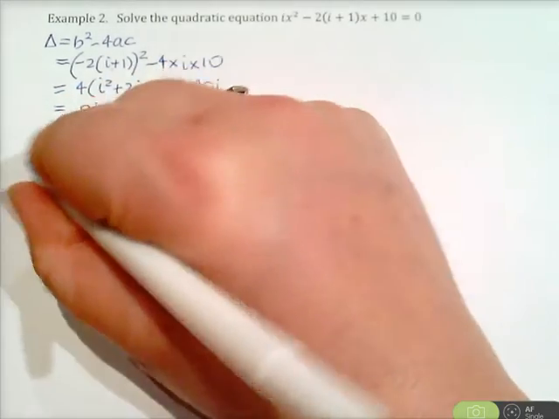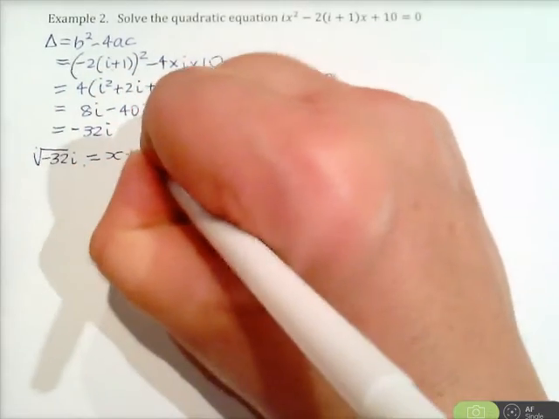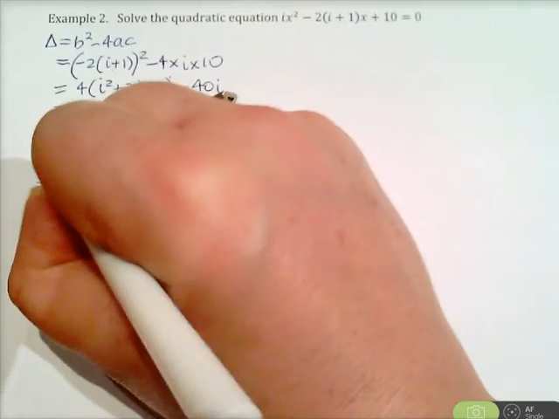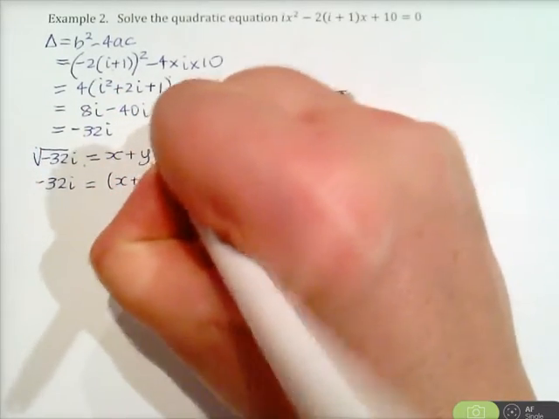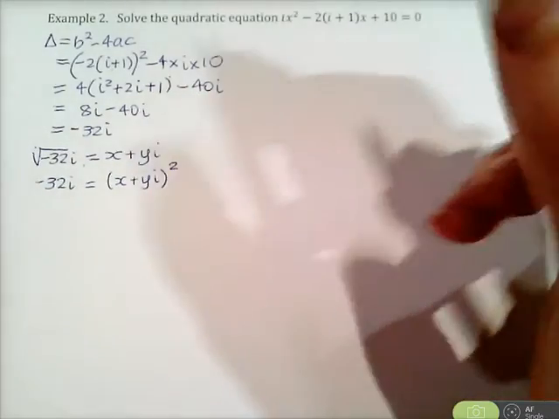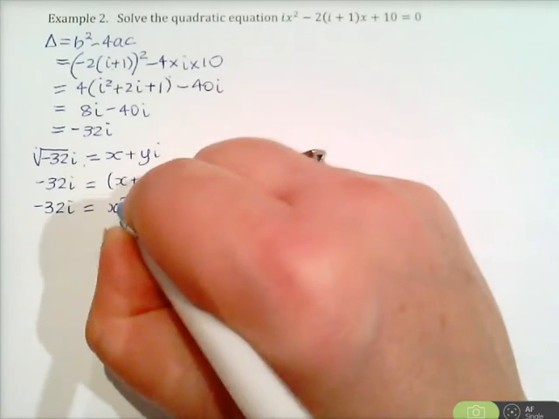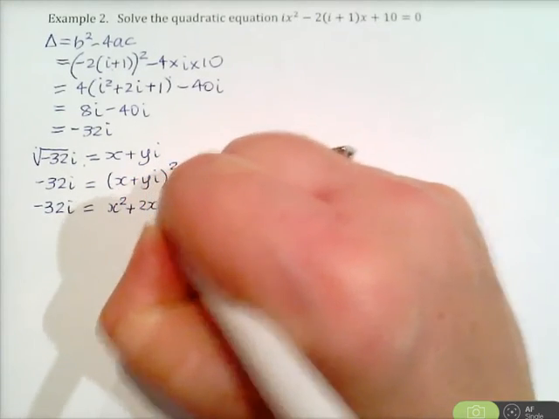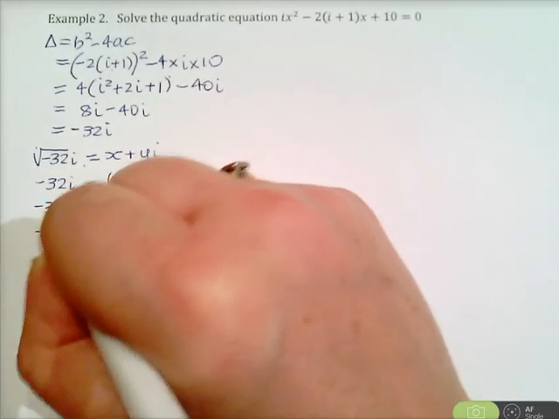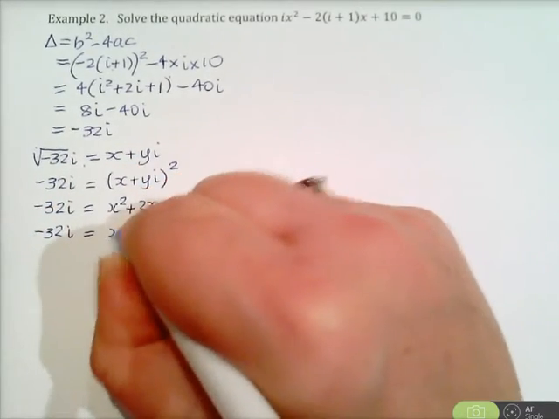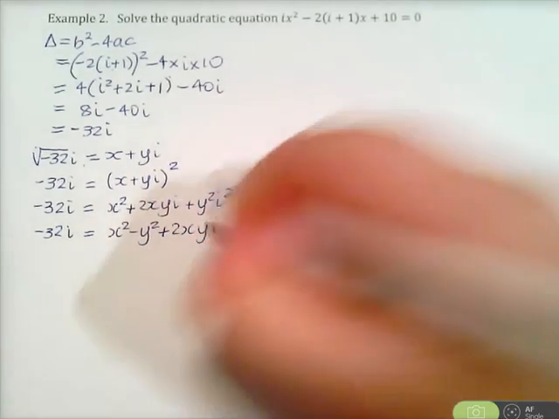So next thing we have to do is to find the square root of negative 32i. Now to do that, if we let the square root of negative 32i equal x plus yi, then negative 32i will equal x plus yi squared. So squaring this right hand side, we get x squared plus 2xyi plus y squared i squared. We know that negative 32i is equal to x squared minus y squared plus 2xyi.